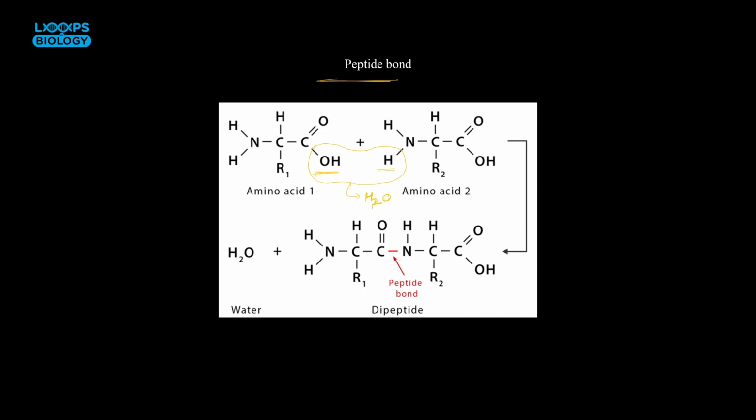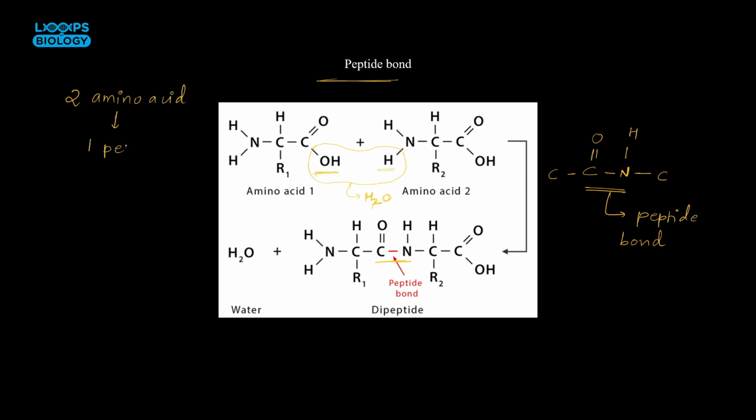After removing of water molecule, the bond which is formed, that is nothing but C double bond O N H. This bond which is formed is nothing but my peptide bond. So for peptide bond, we should know that two amino acids are having one peptide bond. Now tell me, 3 amino acids will have how many peptide bonds? 3 amino acids will have 2 peptide bonds.